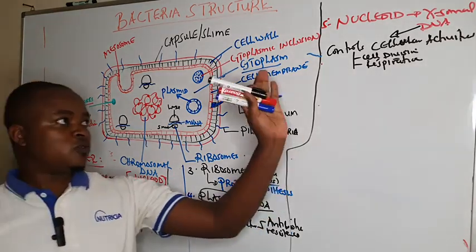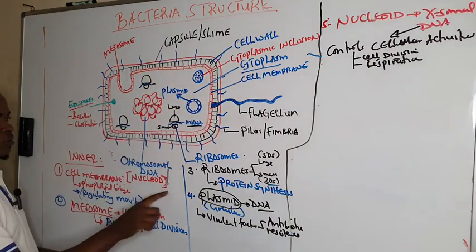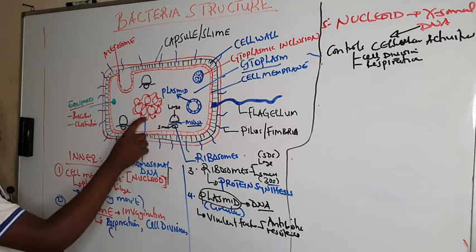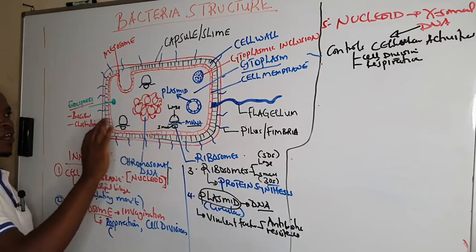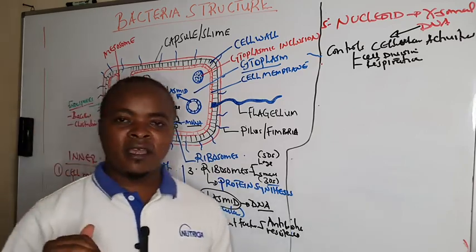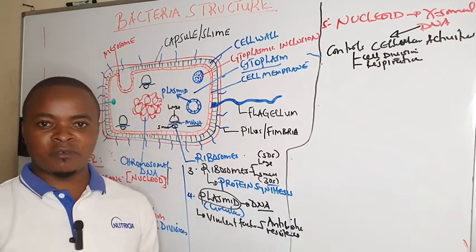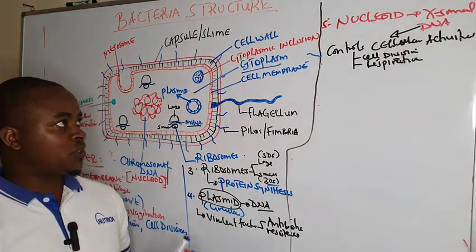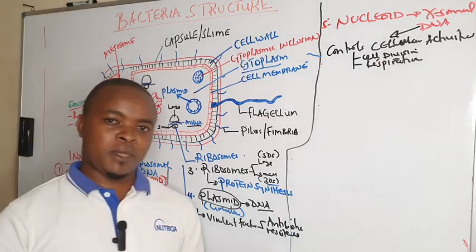This one is just to control all the cellular activities. These are the DNAs found within the nucleoid. And we know that this DNA lacks the nuclear membrane. That's how it differs from eukaryotic cells, because prokaryotes lack what we call the nuclear membrane.